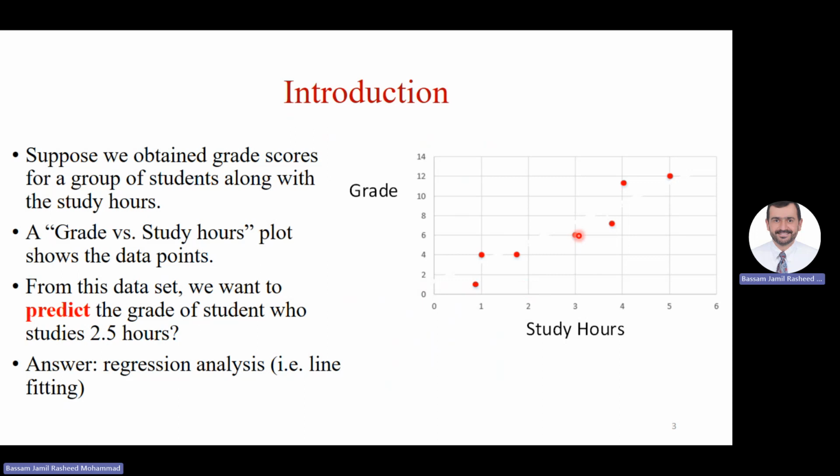Okay, so we gathered this data from several students. So really, this is a grade versus study hours plot, as you can see. From this data, we want to predict, and this is why regression is considered supervised learning, because we are predicting from data that we train the model with.